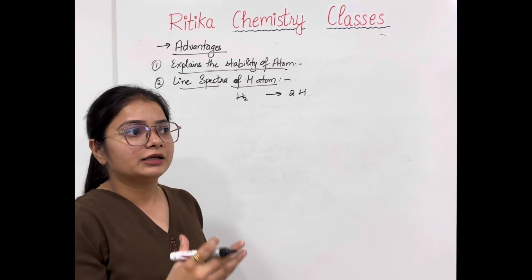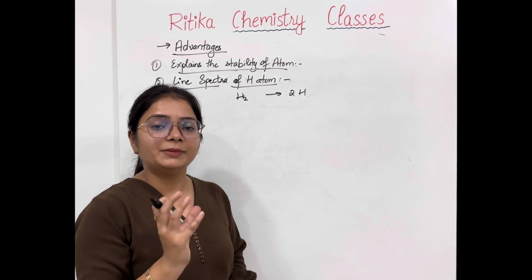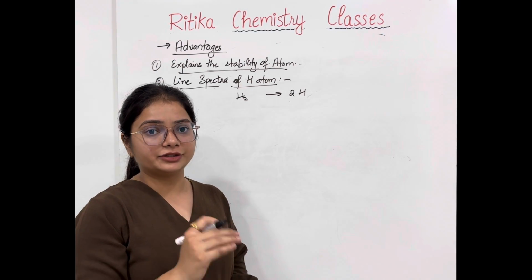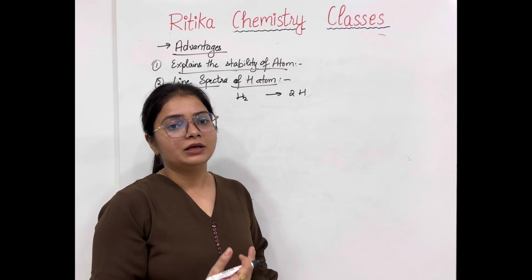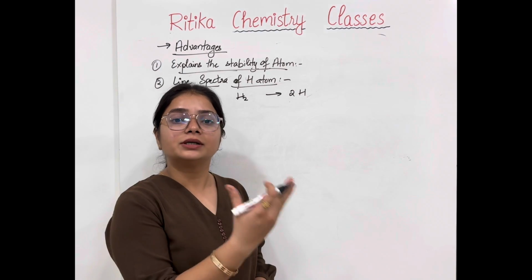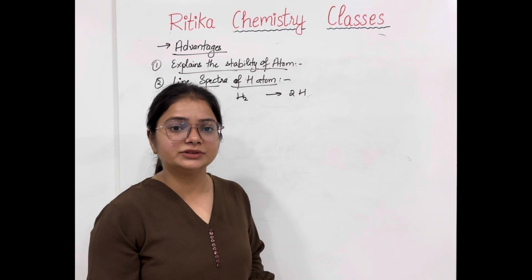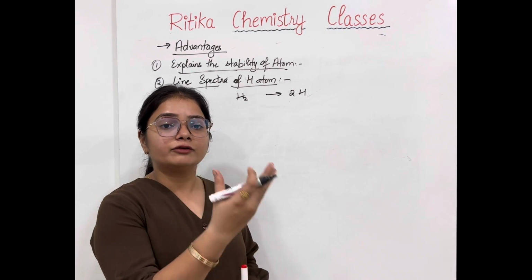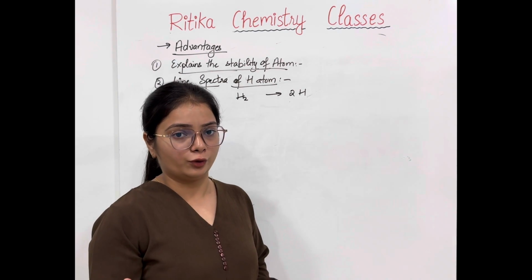Let's suppose some electrons in the atom are excited to the second energy level, while some are excited to the third energy level, while the electrons in some atoms are excited to the fourth energy level, and so on.